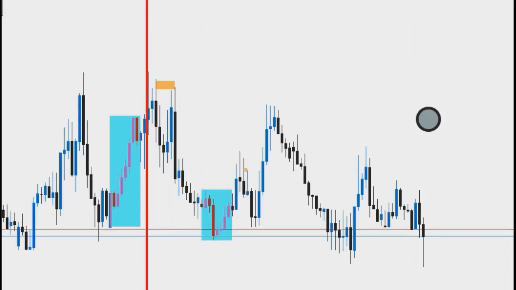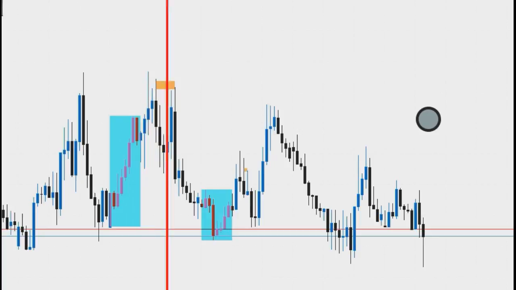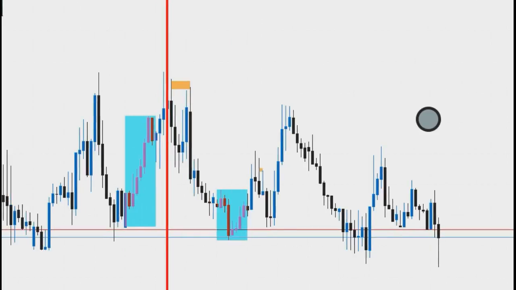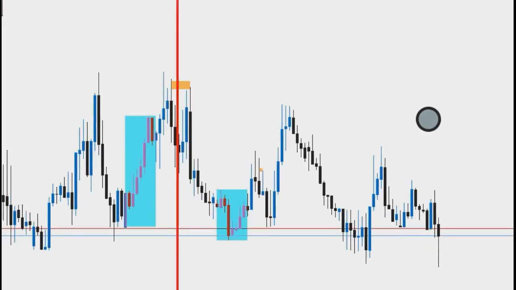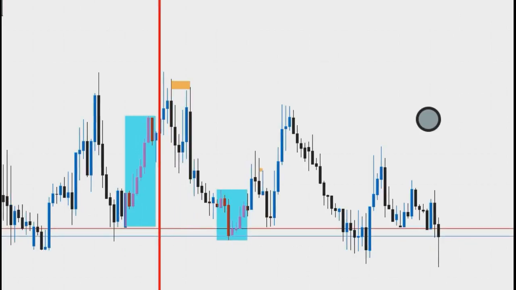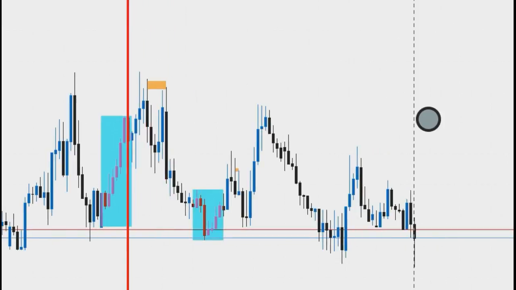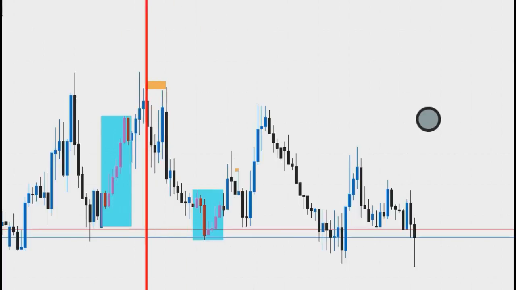Sorry, guys. No, this is the candle, not that one. This one is the candle. This is the candle that has broken this Asian high. This candle here.